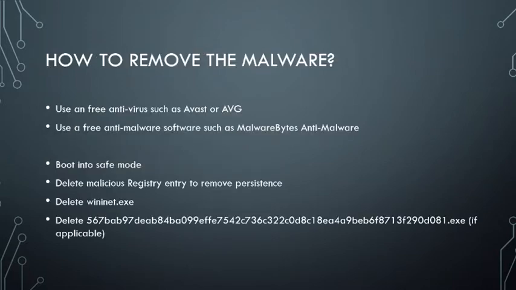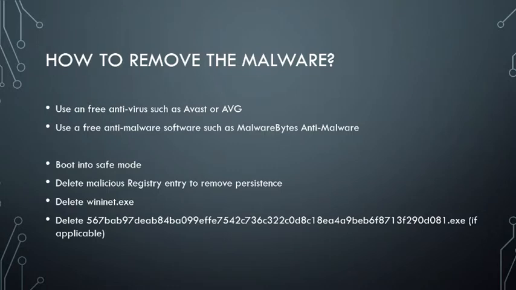Then how do we remove this malware? We could install a free antivirus such as Avast or AVG, use anti-malware software such as Malwarebytes, or we could boot into safe mode and delete the malicious registry entry to remove persistence.